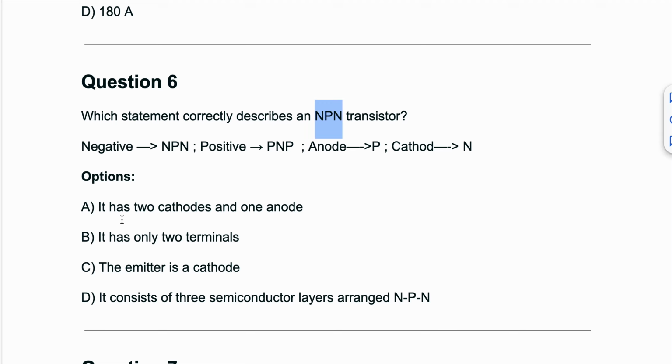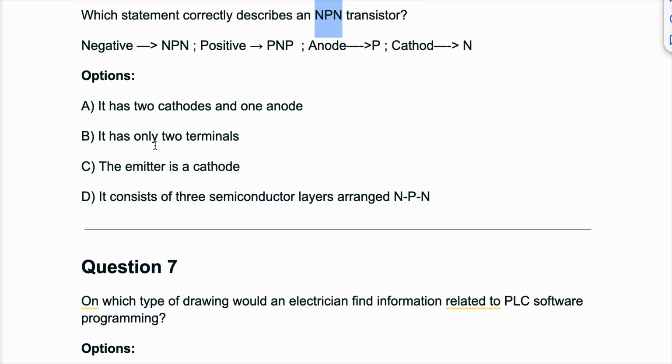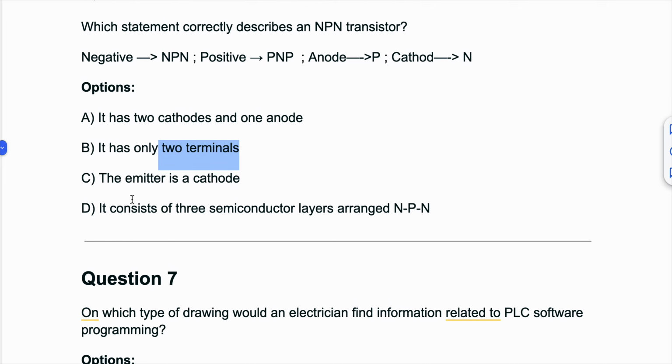It has two cathodes and one anode. Now in a transistor we don't have just two terminals. The emitter is a cathode, and it consists of three semiconductor layers arranged NPN. This one is correct.